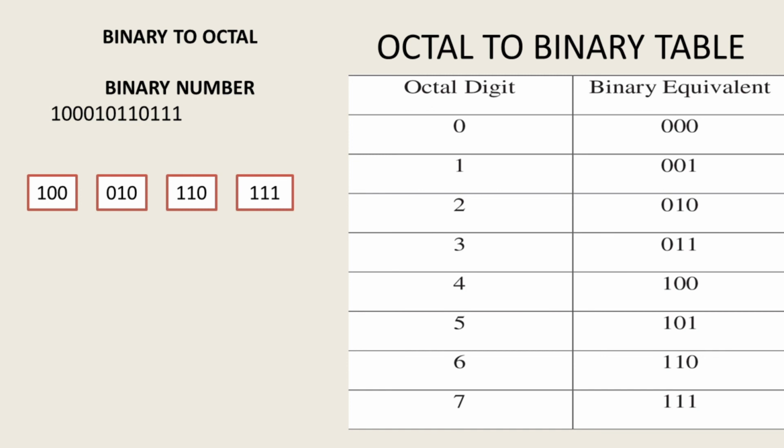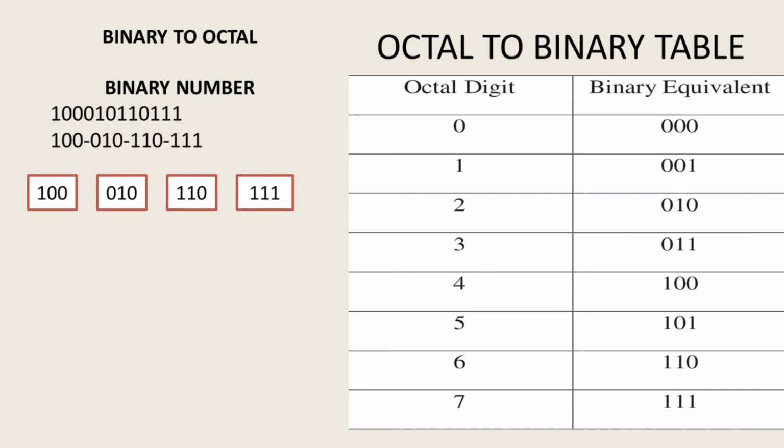Similarly, if I want to convert a binary number into an octal number, let us consider this binary number 100010110111. We will group the binary digits in three portions.